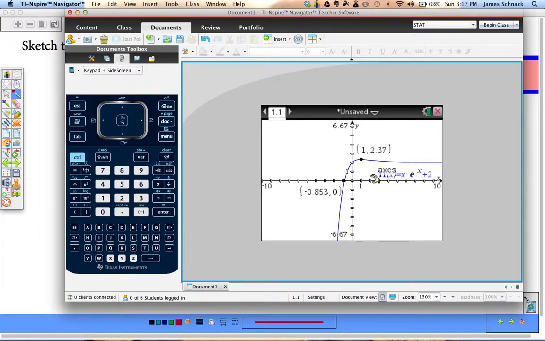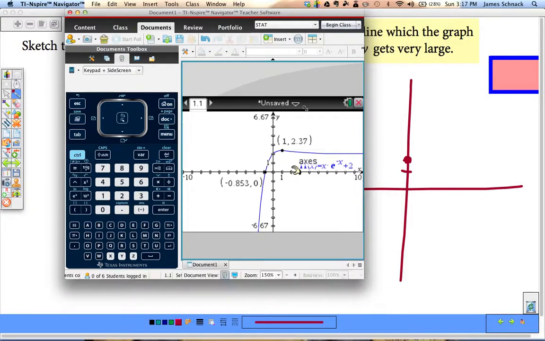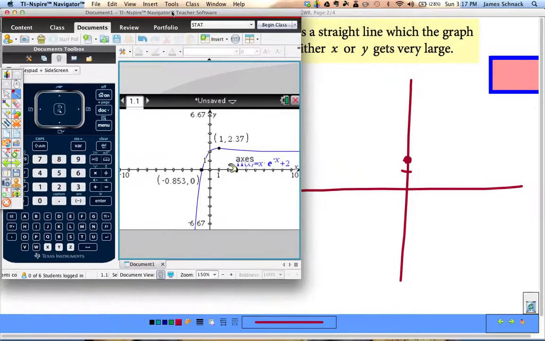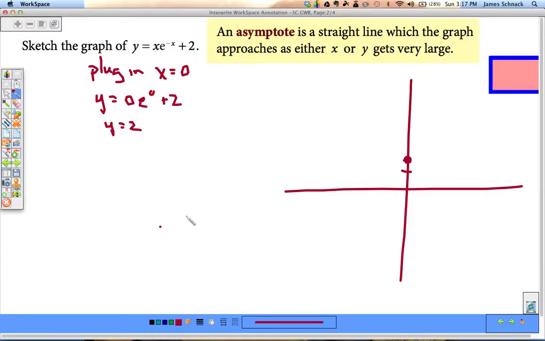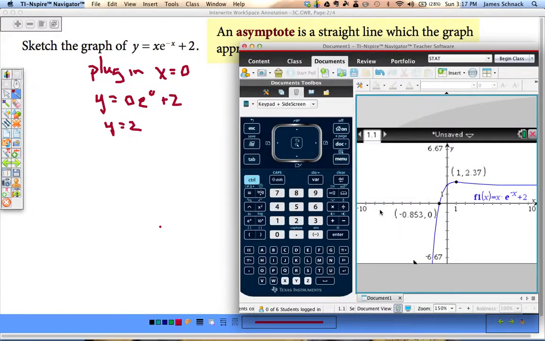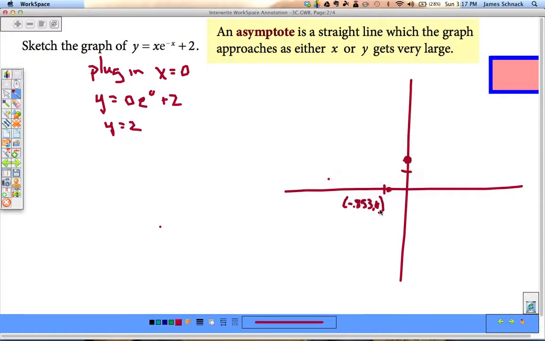So now I just need to reproduce this on my sketch. So negative 0.85, 853, 1 comma 2.37.